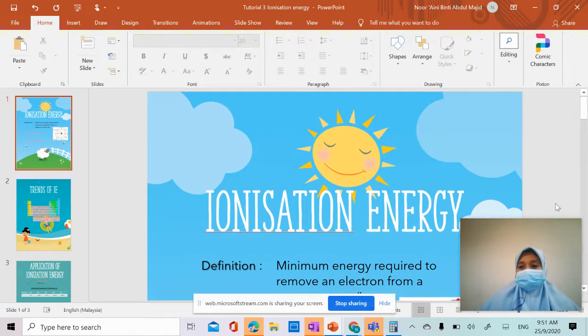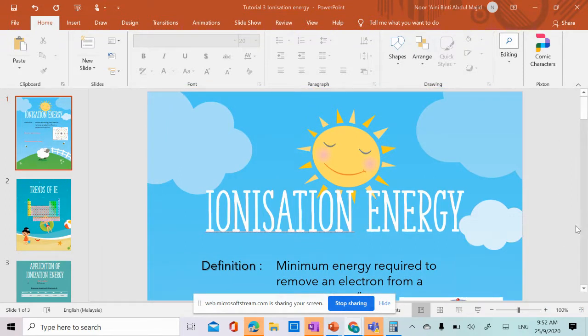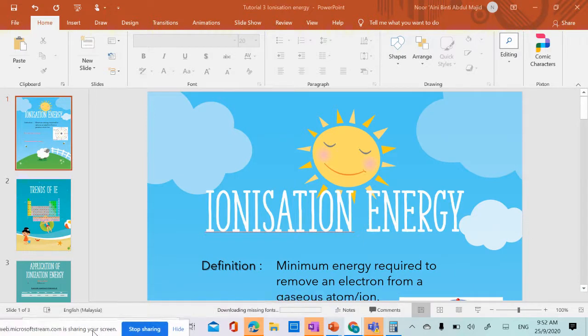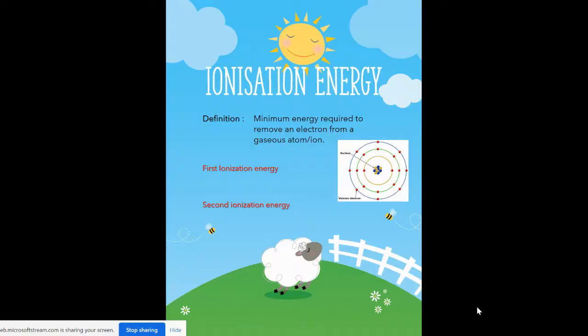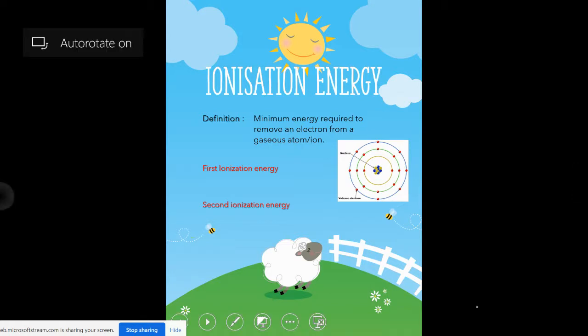Let's continue with ionization energy. Ionization energy, as the name implies, has something to do with an atom becoming an ion. So atoms are converted to ions, cations.